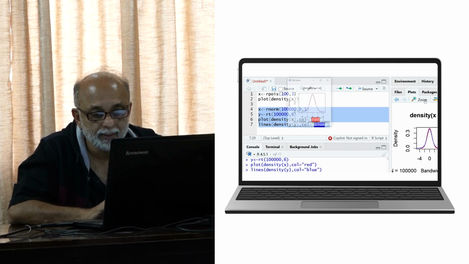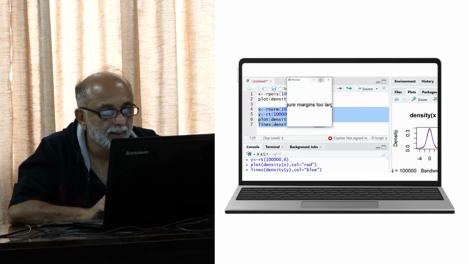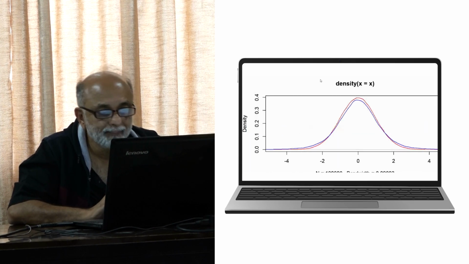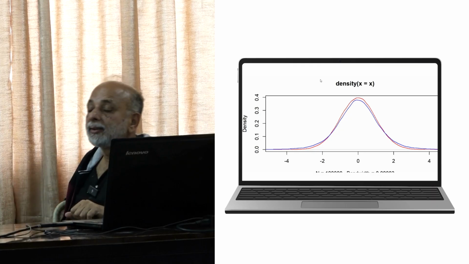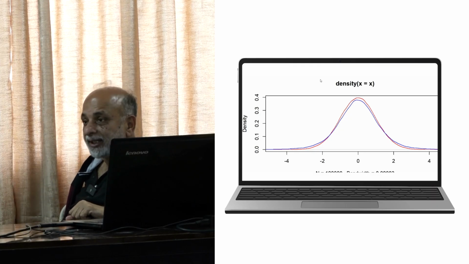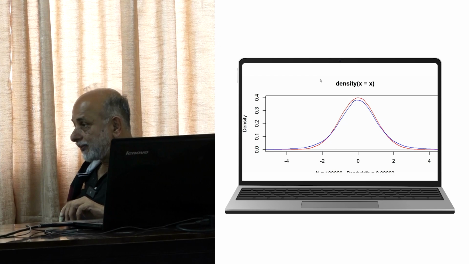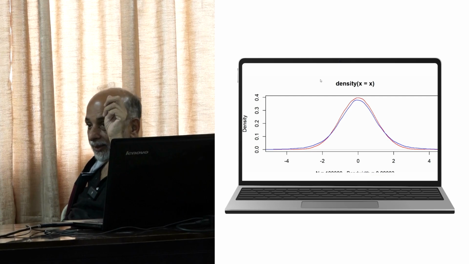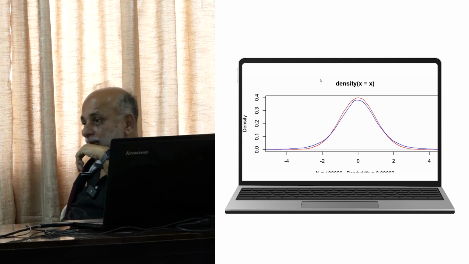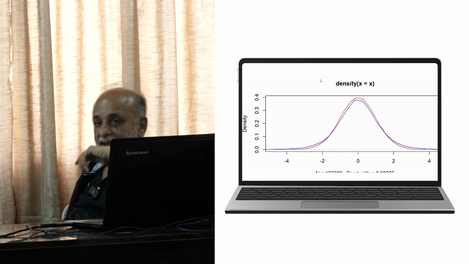So what is the blue line? The student's T distribution with 6 degrees of freedom. First look at this, then you will understand. First look at the theory and then you can play around with the numbers. So the blue line is the student's T distribution, the red line is the standard normal.